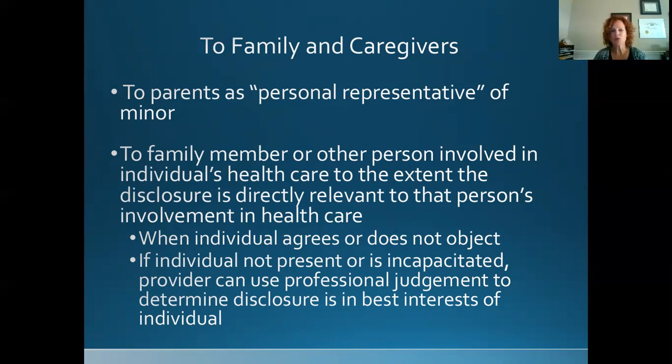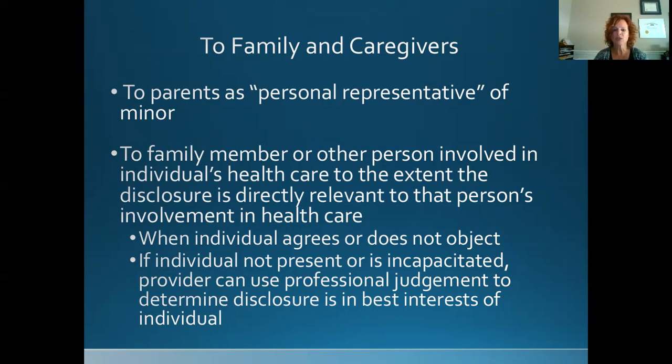And then HIPAA also permits disclosures of protected health information to be made to family members or other persons involved in a person's health care to the extent that the disclosure is directly relevant to their involvement in the health care.